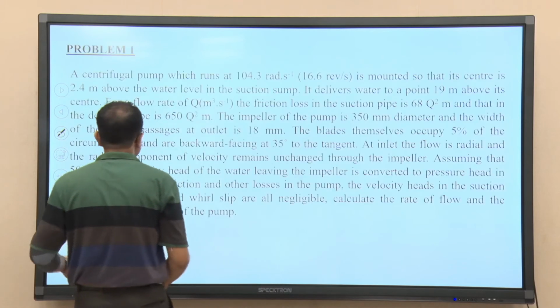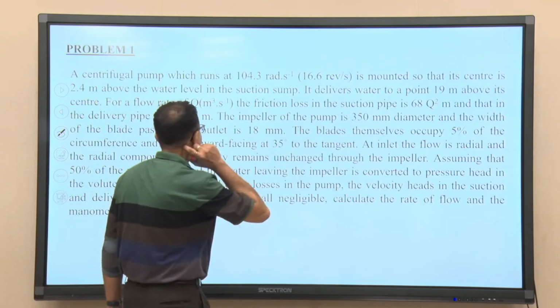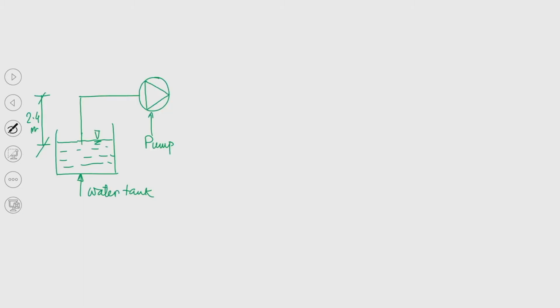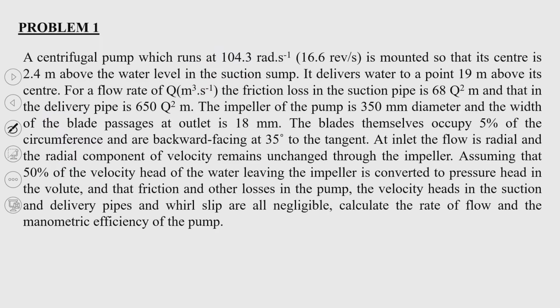Okay. So, if we go to the previous slide again, it delivers water to a point which is 19 meter above the center. So, again if we go to the schematic depiction, the pump discharges water, and the discharging point is 19 meter above the pump center line or pump axis, right.